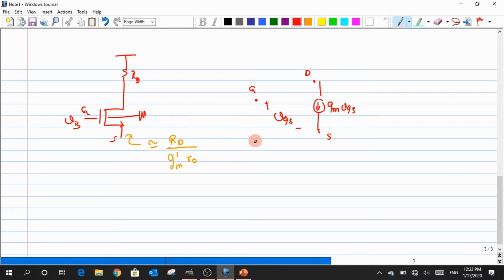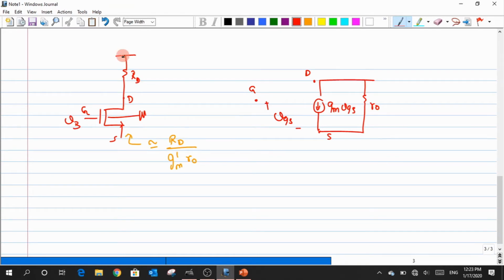For simplicity I'll drop this GMB VBS, okay? If you want I can still add it, but I'm not good at drawing it, so it will mess up my circuit. So I use this R naught here, and from the drain there is a resistance. One end of the resistance is connected to the drain, whereas the other end is connected to my VDD.